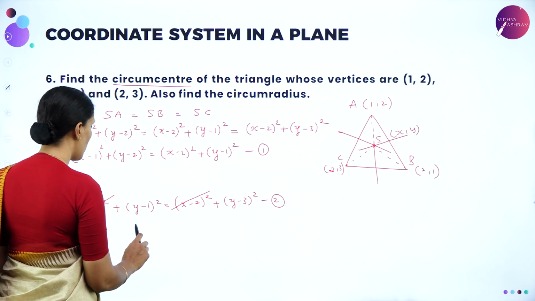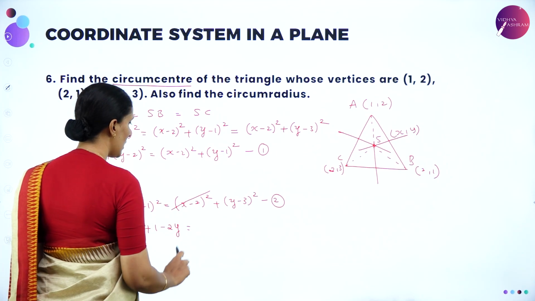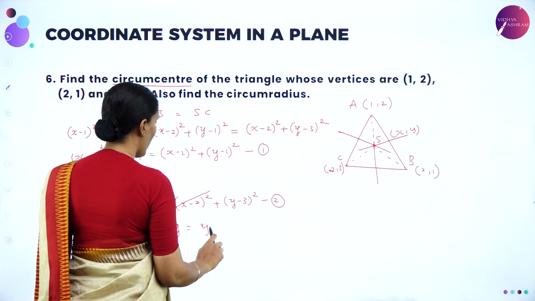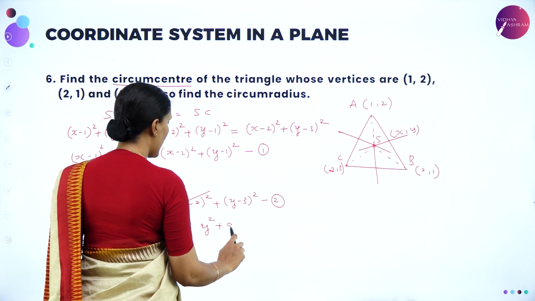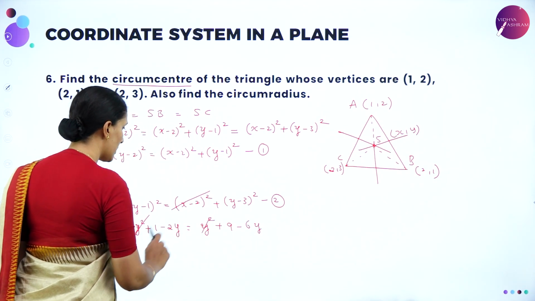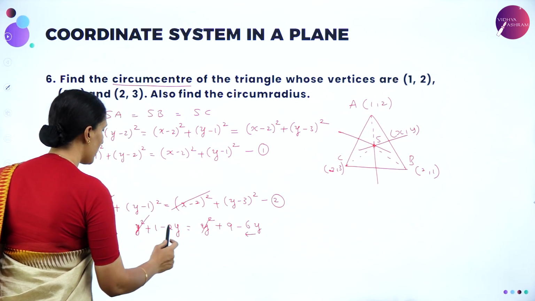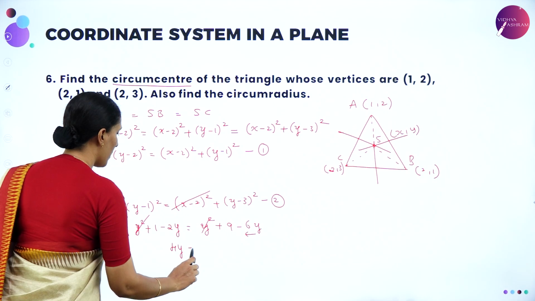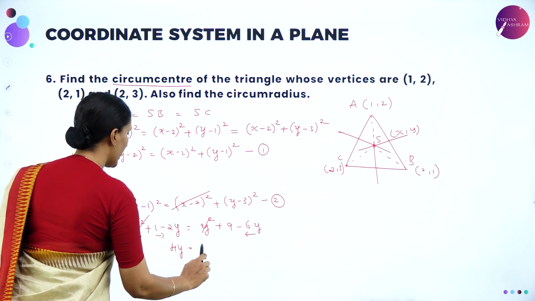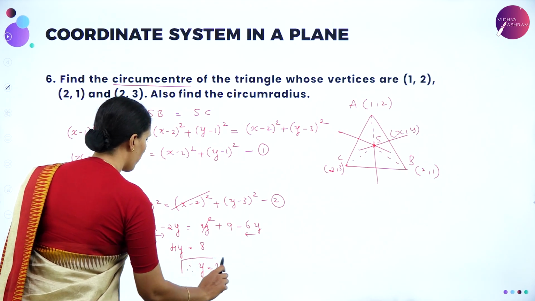Now expand this: y square plus 1 minus 2y is equal to y square plus 9 minus 6y. We can cancel y square on both sides. So 6y when it comes here becomes 6y minus 2y, so 4y, and 9 minus 1 is 8. So from this we can write y is equal to 2.